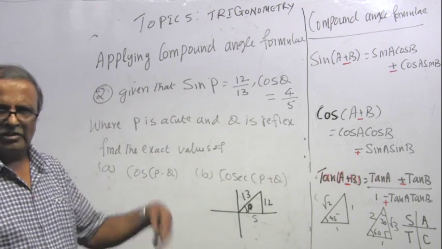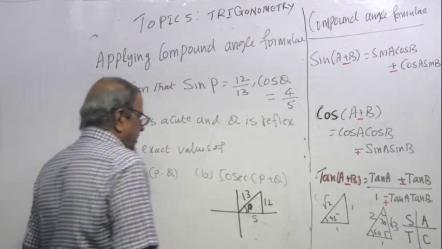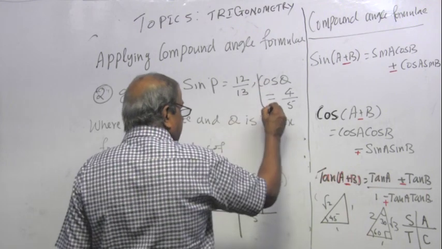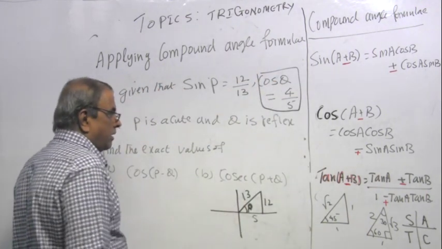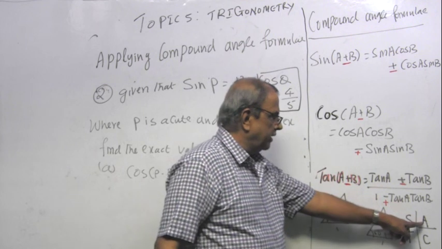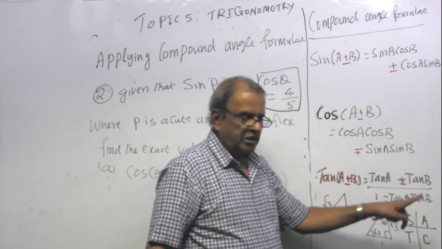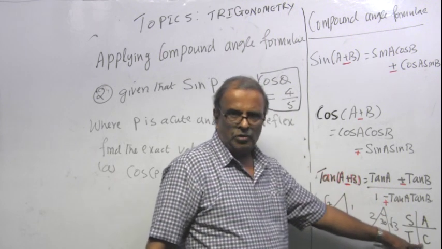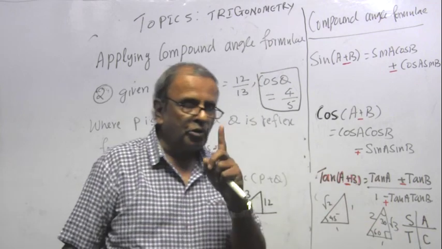All are positive because it's in the first quadrant. Now cos is 4 over 5. That means the angle Q can be in the first quadrant or in the fourth quadrant.